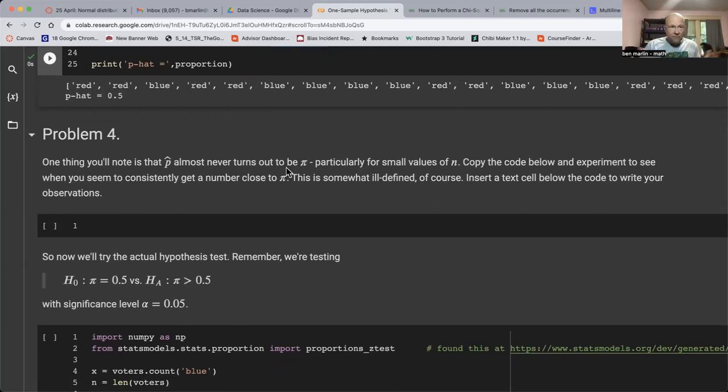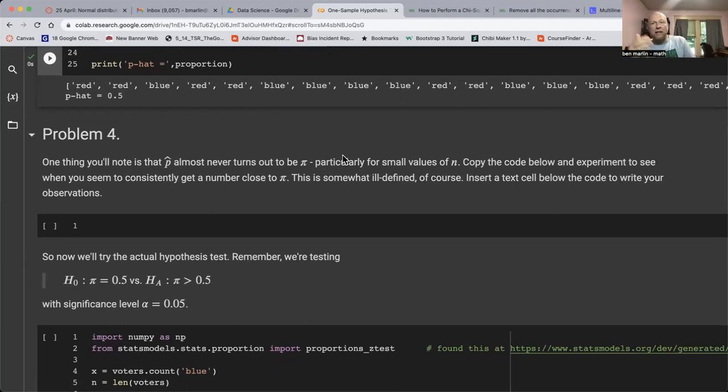So then here in problem 4, I say, one thing you'll note is that the p hat almost never turns out to be exactly pi. Copy the code below and experiment to see when you seem to consistently get a number close to pi. I have not defined what I mean by close to. You get to decide that. Just experiment around with your value for n.